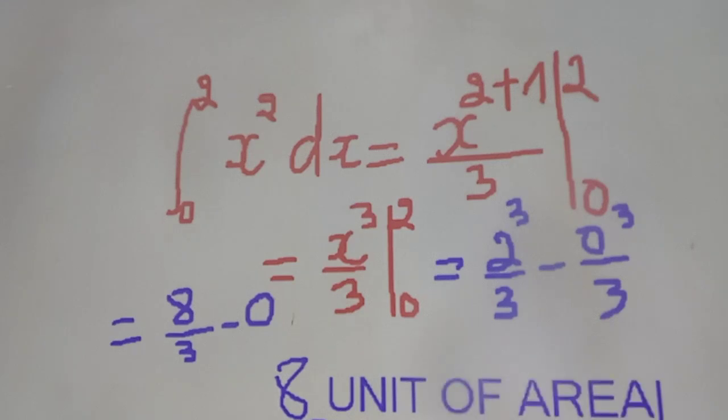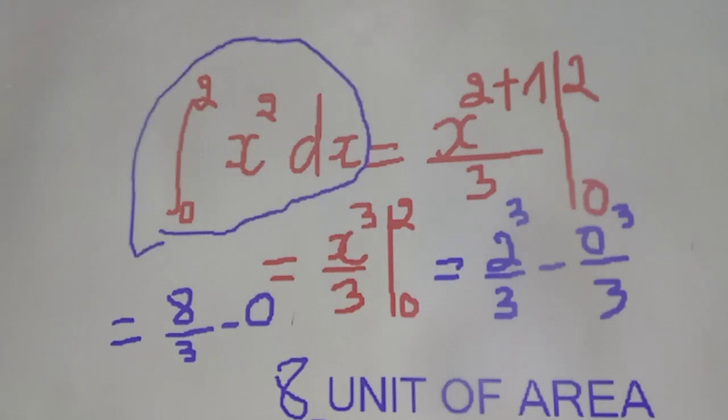I'm going to explain geometrically what definite integrals mean, because a definite integral is the same as finding the area of this function after sketching. We are going to see geometrically what it means if we sketch this function from boundary 0 up to 2.